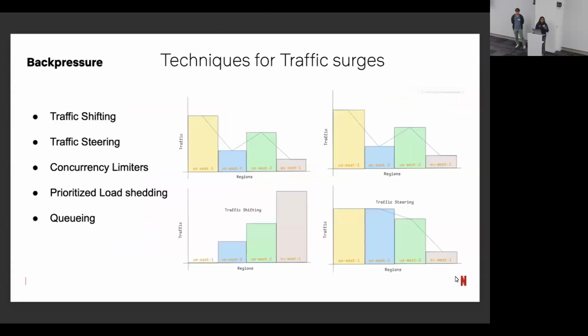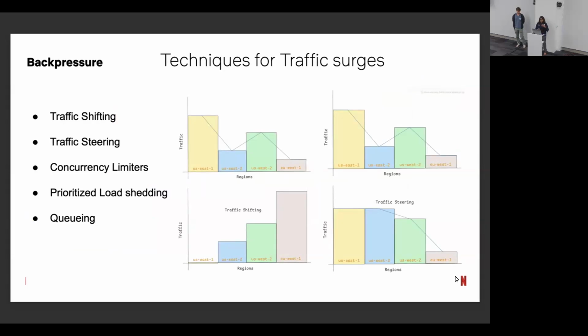There are a few techniques that Netflix applies for backpressure and traffic surges. Those are traffic shifting, where you shift the load from one region to completely other regions. Traffic steering, where you take the latency metrics and say, where can this latency be handled across our regions, and steer the traffic to those regions.